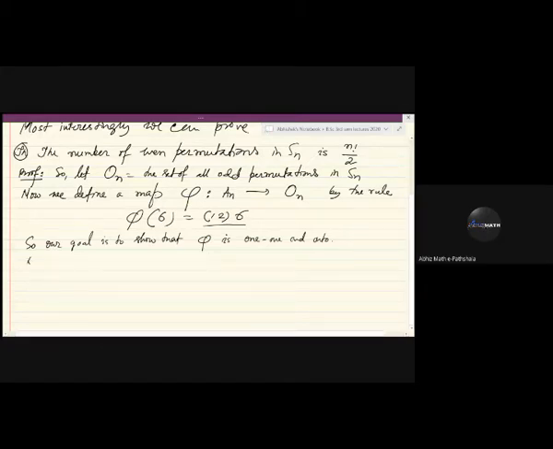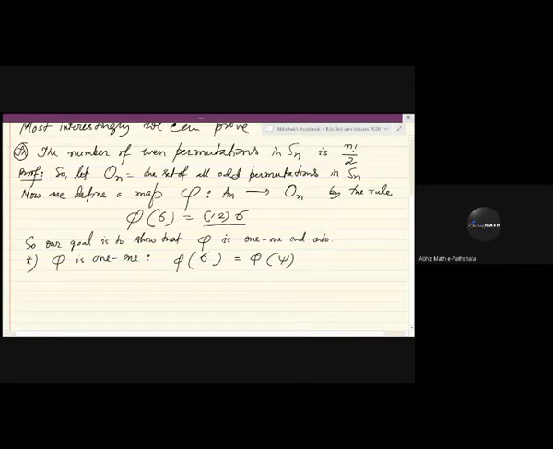So phi is one-one. Why? Suppose phi of sigma equals phi of psi. Suppose you have two even permutations sigma and psi, and their images are the same. We need to check that sigma and psi must be equal.